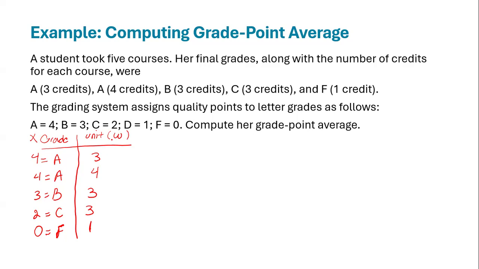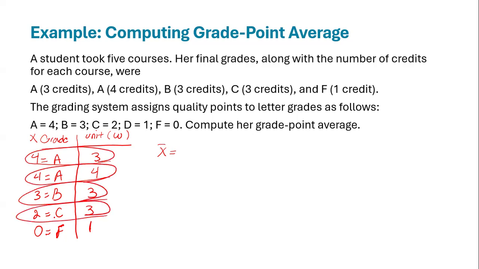It's like a frequency for that class. To find the mean, I need to multiply each grade by its weight or its frequency. So we multiply 4 by 3, 4 by 4, 3 by 3, 2 by 3, and 0 by 1.